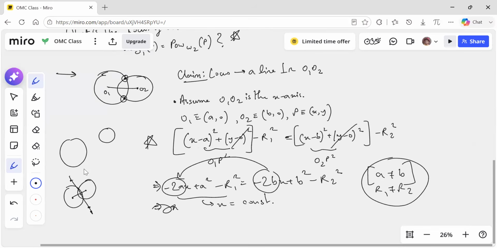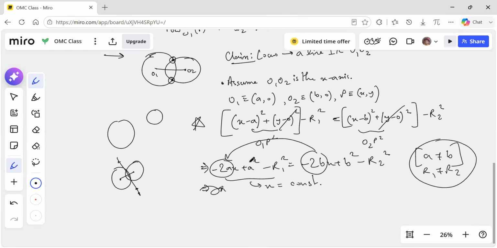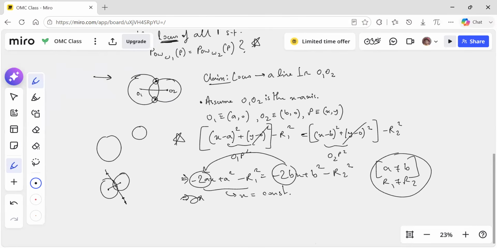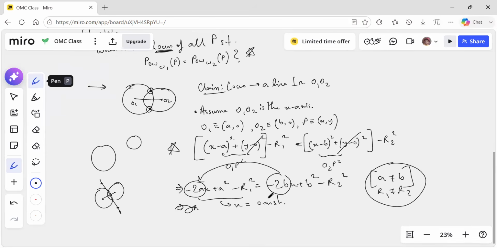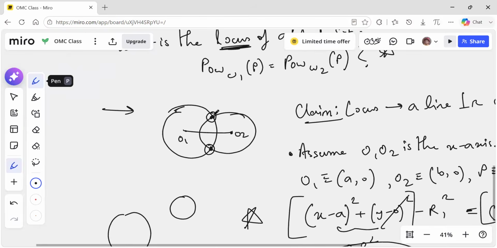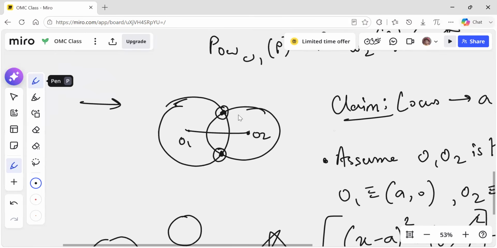I think I might be able to try a synthetic proof of this. Oh yeah, go on. Let the centers be O1, O2, and let's say there's some point P which lies on the radical axis, and you drop a perpendicular onto the line O1O2.